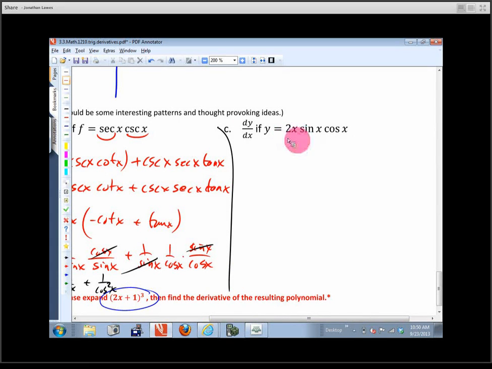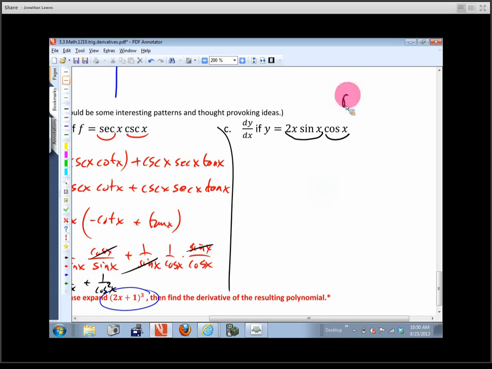So what you'd have to do is group 2 of these together. Let's call that one the first and that one the second. So this is not a product within a quotient. This is a product within a product, or a triple product. And if you remember how that triple product worked out that we did last week, this is a pretty quick problem.